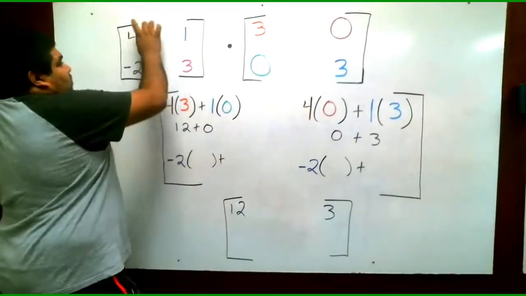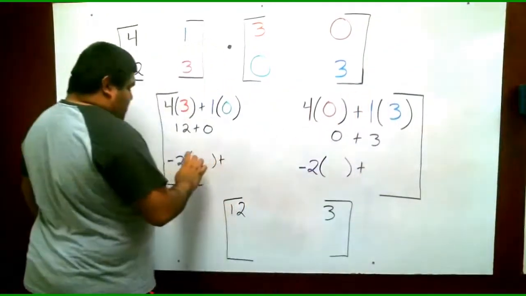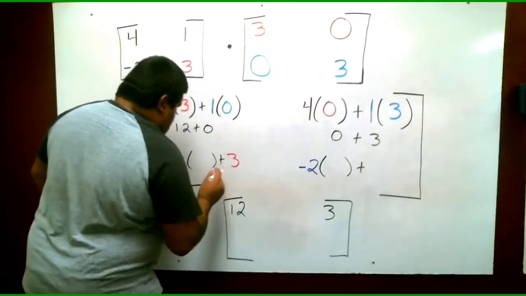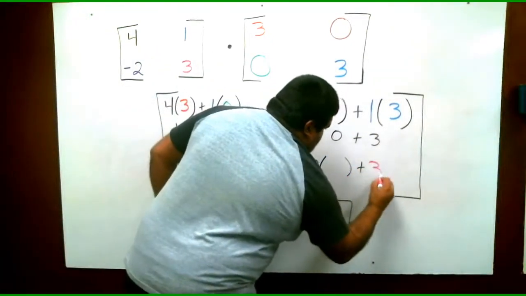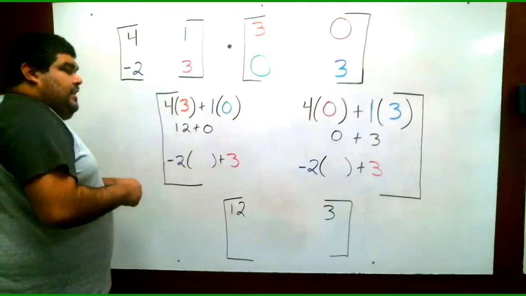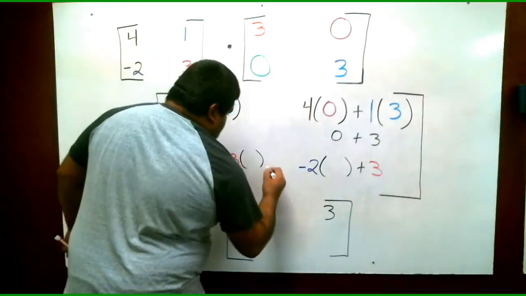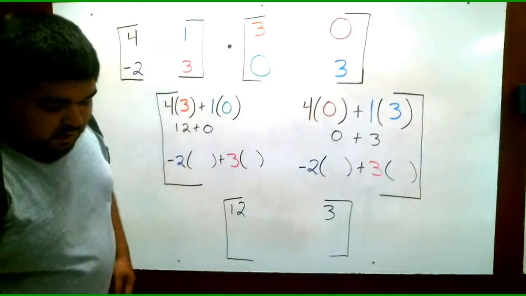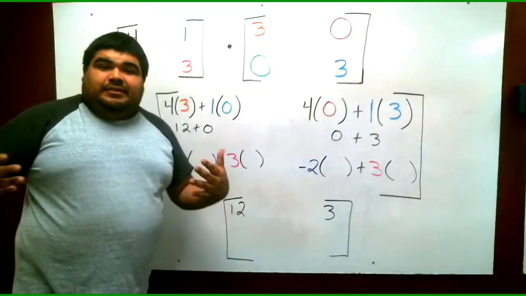Because remember, we have 4, 1, 4, 1, 4, 1. We have negative 2 and 3, negative 2 and 3. And again, we have our parentheses. Now we have to find the numbers that go inside the parentheses.